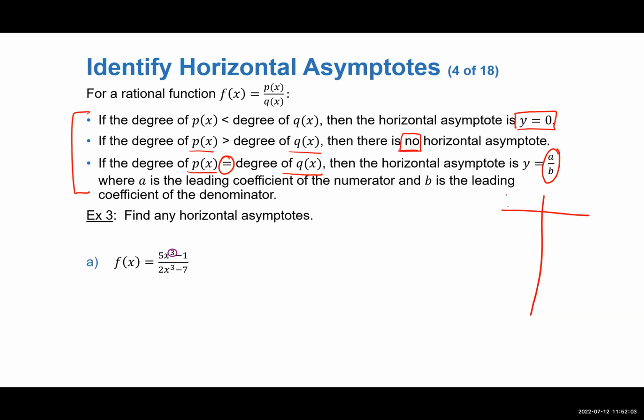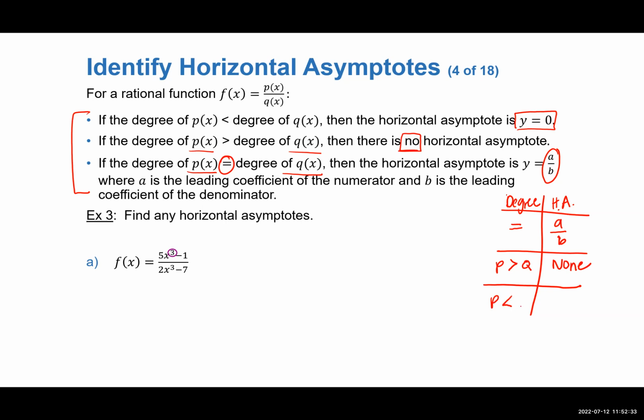I would say make a little chart to remember this. Okay, so degrees and then horizontal asymptote, which we identified as HA. If the degrees are the same, then you take the coefficients. If the top is bigger than the bottom, then there's none.